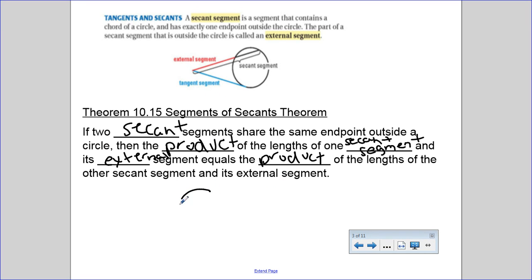Well, let's see how I do my circle drawing. So here's a circle, and here's one secant, and we'll have another one here.